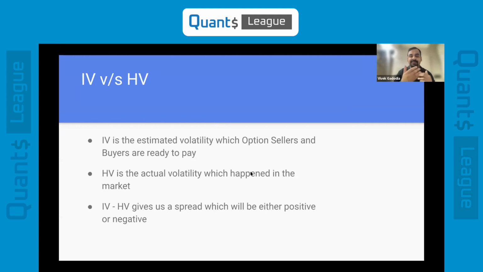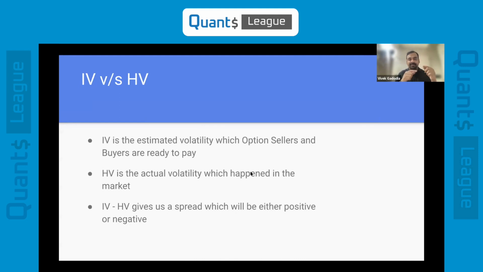What is estimated versus what happens is not always the same. In fact, there will keep being a difference. Sometimes the estimate is going to be more than what actually got realized, and sometimes the realized volatility is going to be more than the estimate. In rare cases, the differences can be extreme. We'll look at that shortly in a chart.